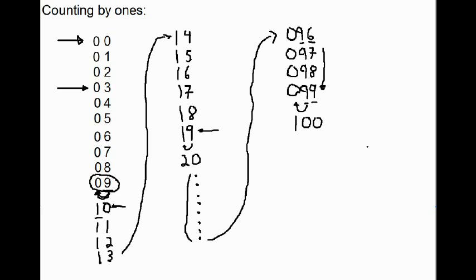And then increasing by 1's, we just continue the pattern, going up by 1's until we run out of symbols to use in this place. And then we'll increase this place by 1. Continuing on and on, and we continue working our way to the left for larger and larger values. So this is how our base 10 number system works, using the 10 symbols that we have to represent larger values.